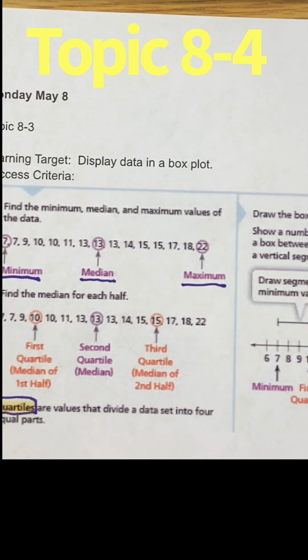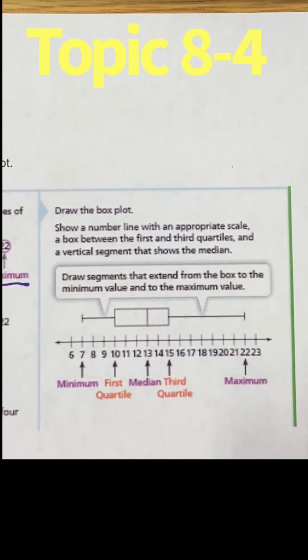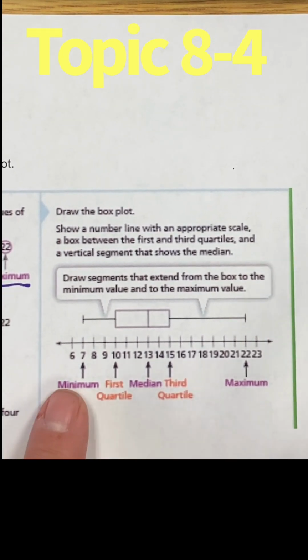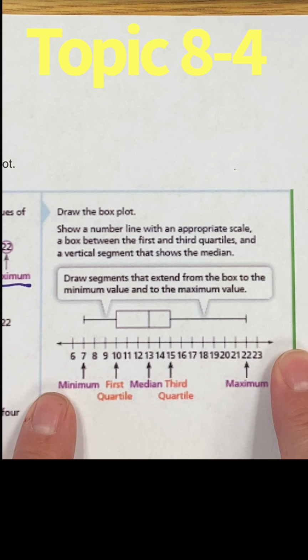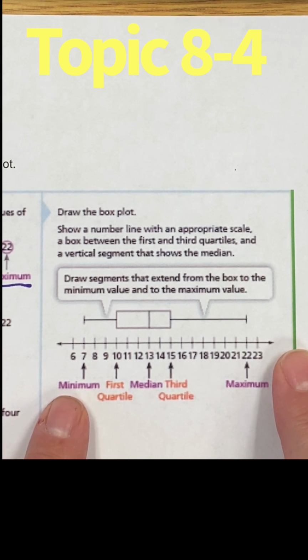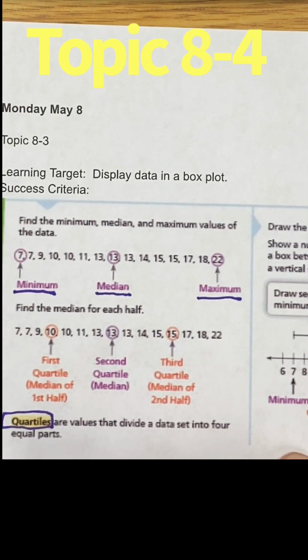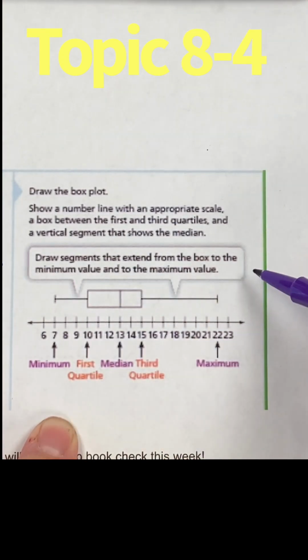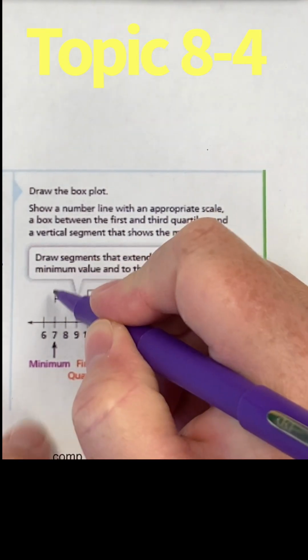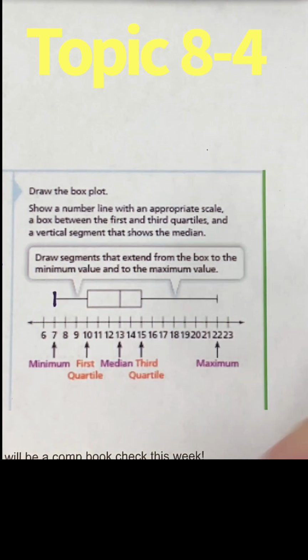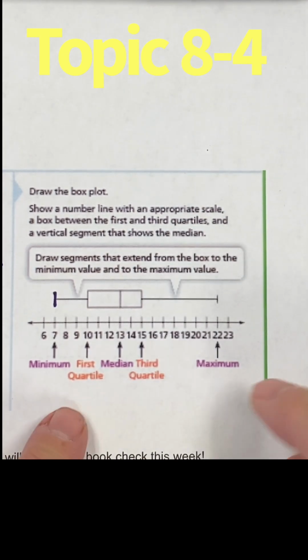Okay? So with the box plot, you are going to have a number line. You can just go left to right if you want. So everything that we just talked about over here will be on this box and whisker. So the minimum is as easy as just making a little hash mark up above.